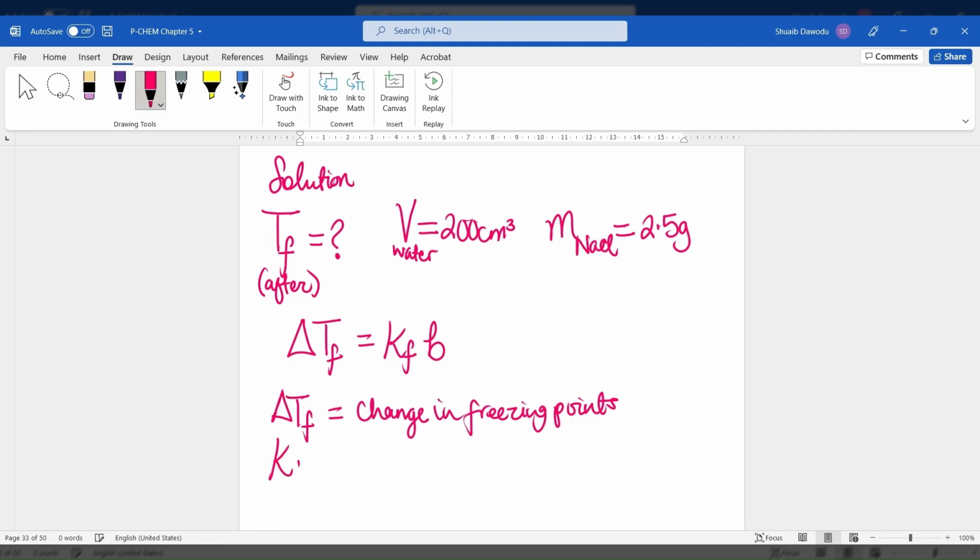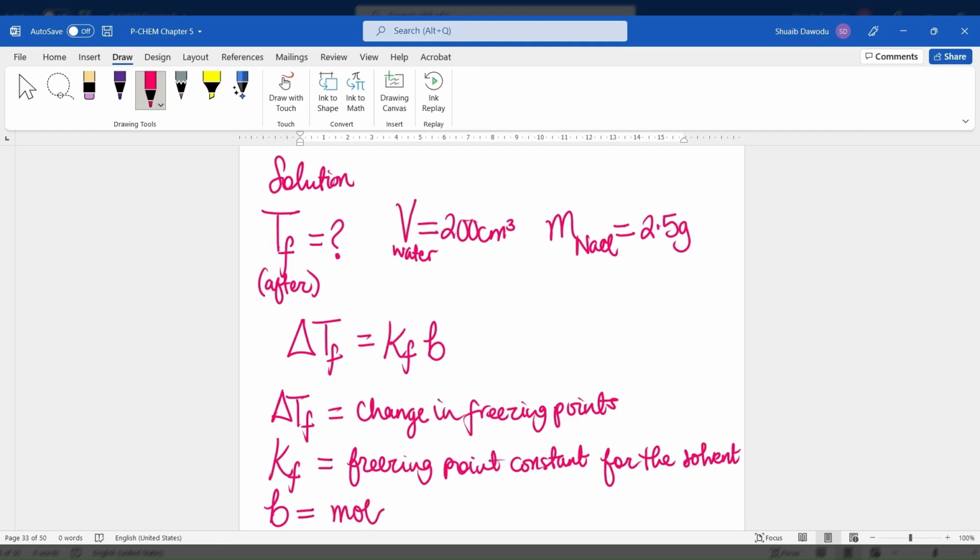Then you have K_F, which is simply the freezing point constant for the solvent. And then lastly, b is simply the molality of the solute.